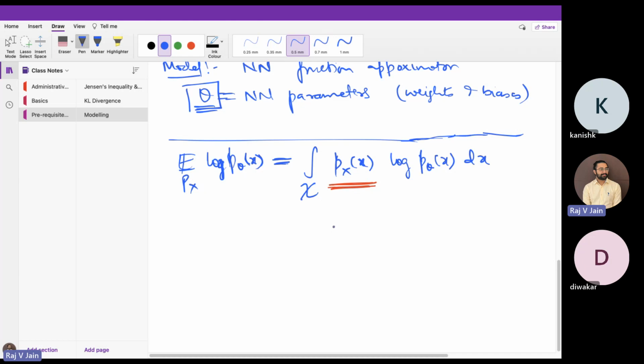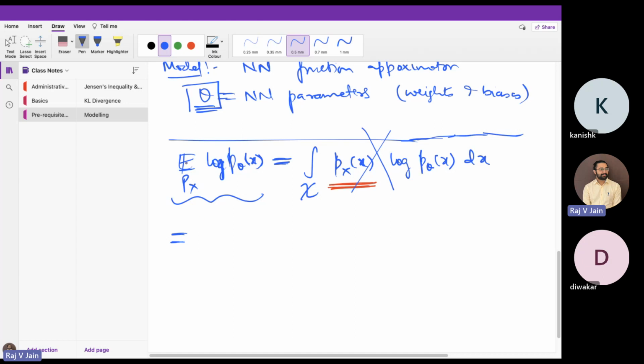So our whole problem was that we don't know px of x. It's an underlying distribution that we don't know. We just have samples from it, right? So this integral evaluation is not possible. Rather than going this route, we will try to approximate this expectation itself. One of the ways to do it is looking at Monte Carlo estimates.